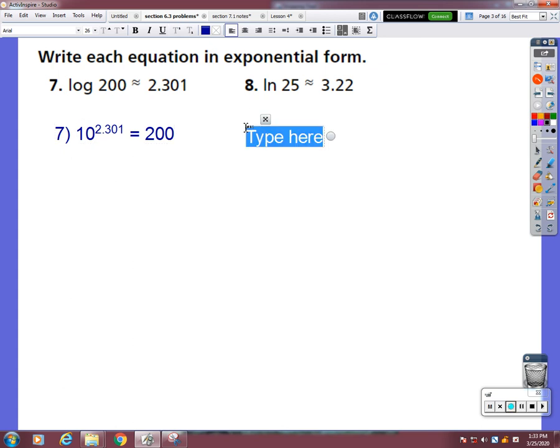And for the next one, since this is a natural log, that means the base is e, so I'm going to say e to the 3.22 is equal to 25. So this number down here, 10, to this power, 2.301, equals that number there.